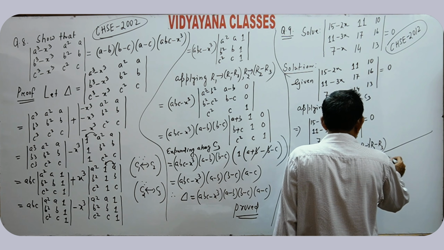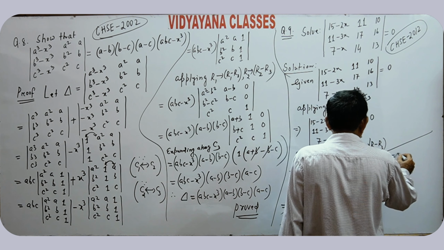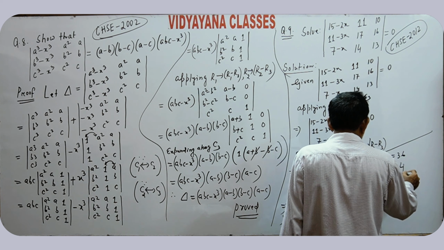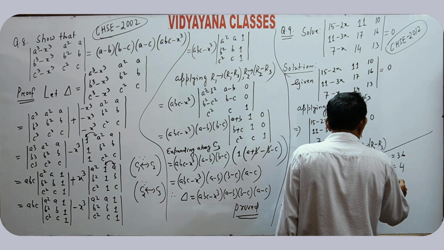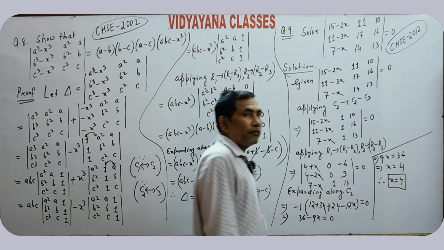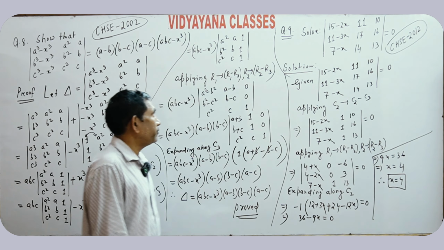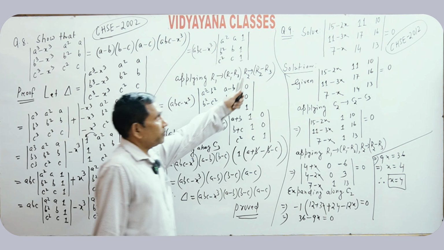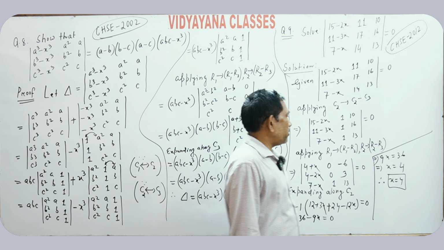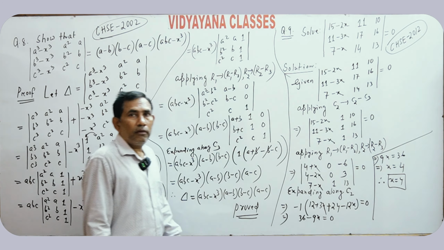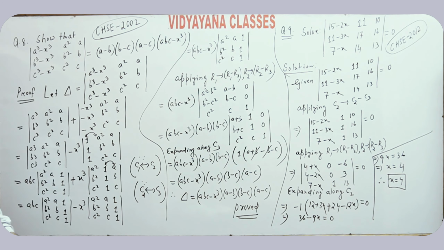Nine x is equal to 36, x is equal to 4. Therefore, x is equal to 4. This is the solution of the equation of a determinant, x equal to 4. Are you clear? Okay. Write down.